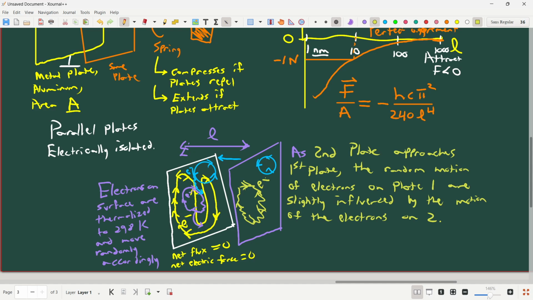So now they're like this. Imagine that happening to all the random motions, that all of the random motions on this plate want to compensate for the random motions of the plate nearby, because those electrons are interfering slightly.